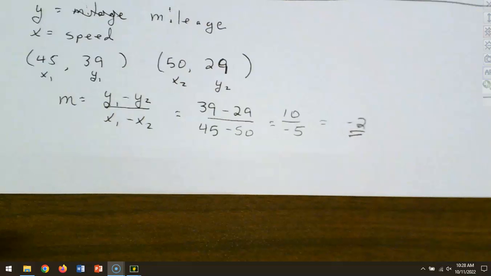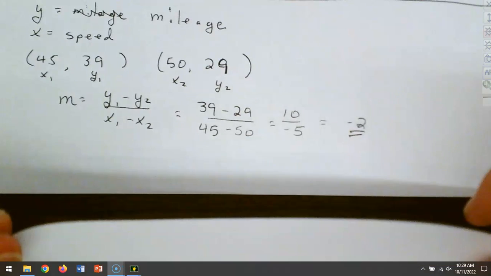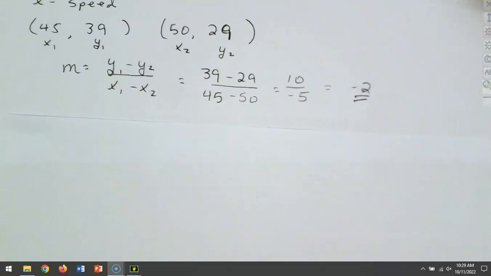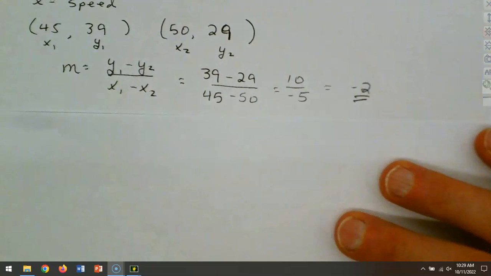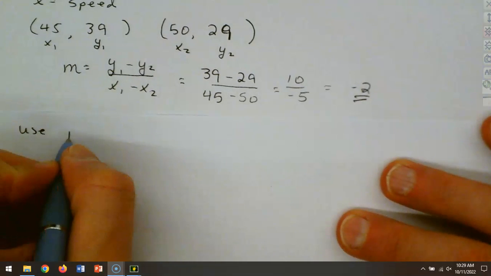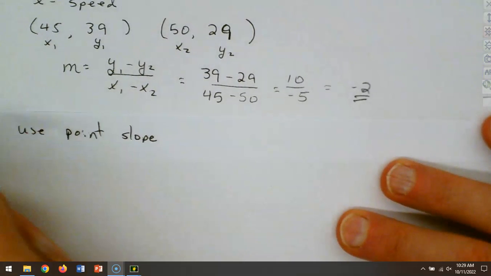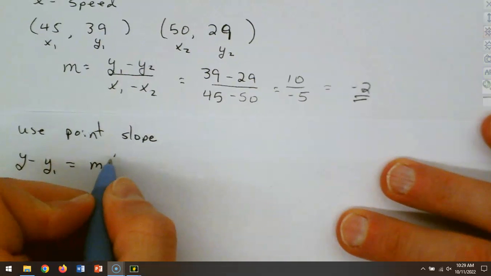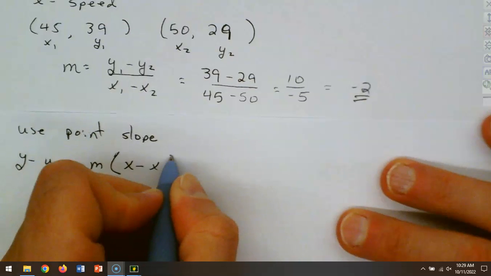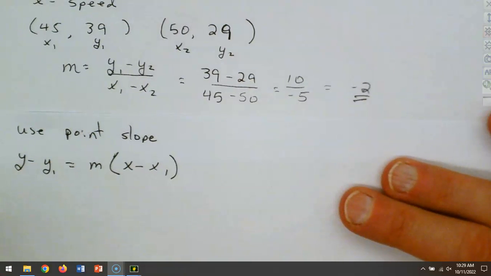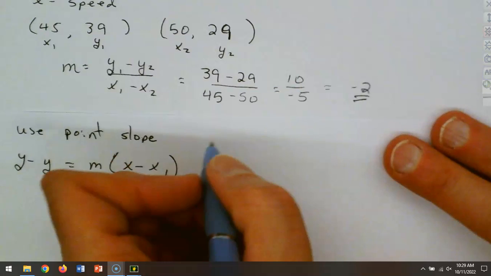Now we can go ahead and get this in our slope-intercept form. So we have everything that we need. Let's go ahead and do that. So what are we going to do next? We're going to use the point-slope formula, which is y minus y1 equals m times x minus x1. And I always like to write my information down.